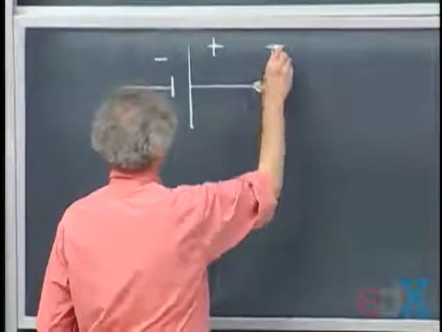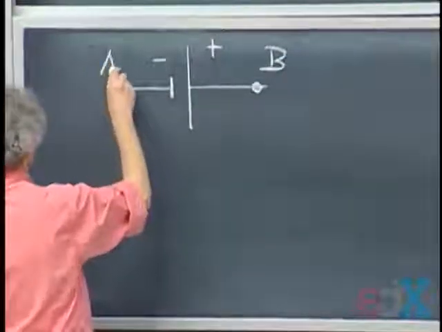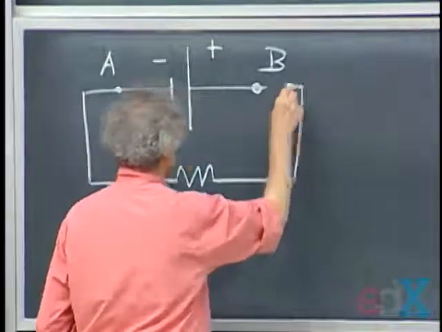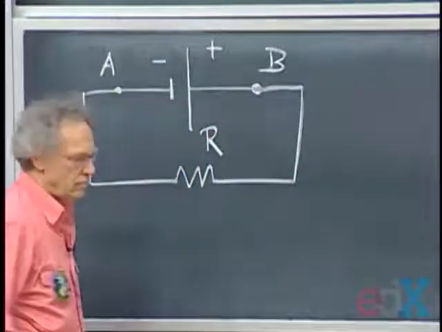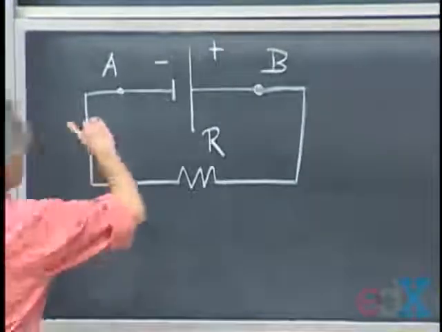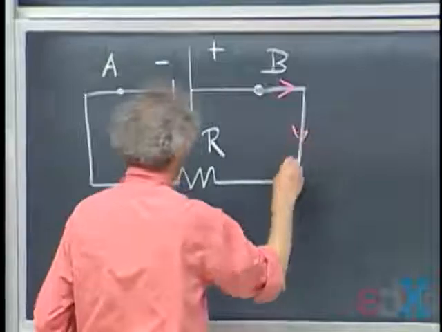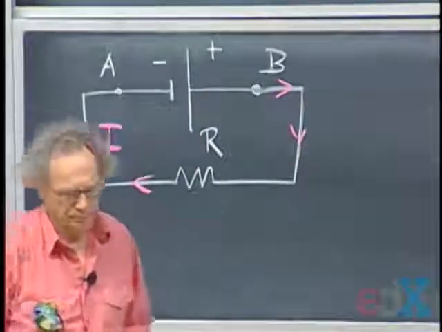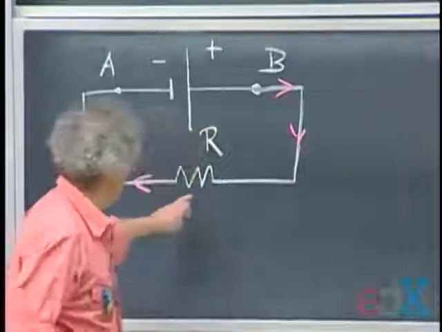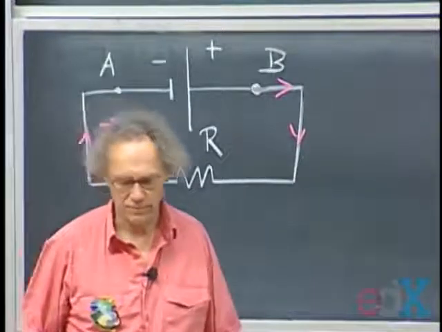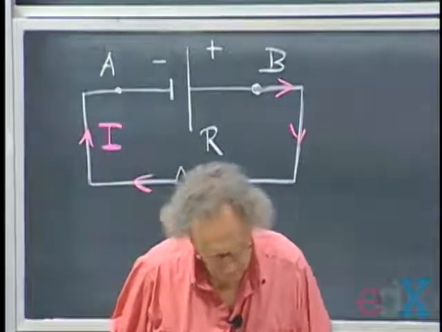So let this point be B, and let this point be A, and here we have a resistor R. So we have a current going in this direction, the current I. This could be a light bulb, could be your laptop, could be a hairdryer, whatever. That's your supply.